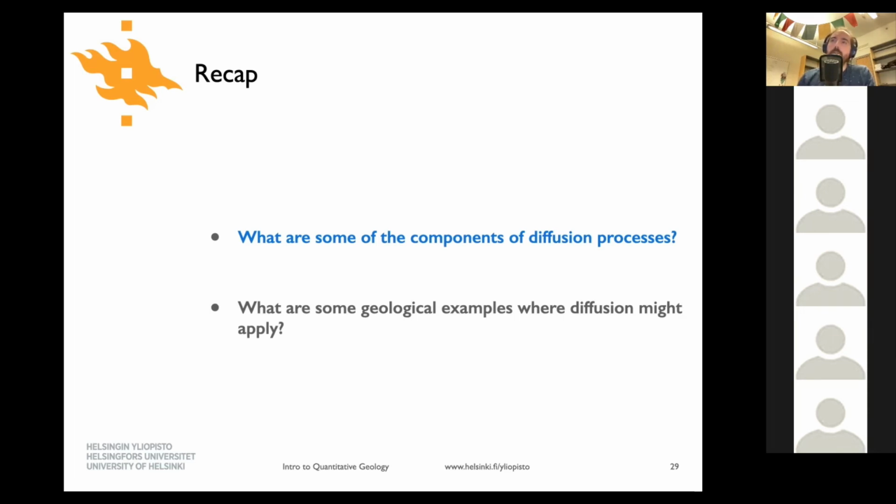You can maybe just type into chat some ideas, some words. It doesn't need to necessarily be a complete definition, like conservative material moving through space at a rate proportional to time or whatever. I mean, what terms come to mind now when we talk about diffusion?